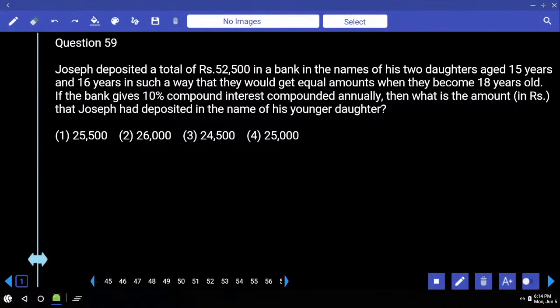Joseph deposited a total of 52,500 in a bank in the names of his two daughters aged 15 years and 16 years in such a way that they would get equal amounts when they become 18 years old.